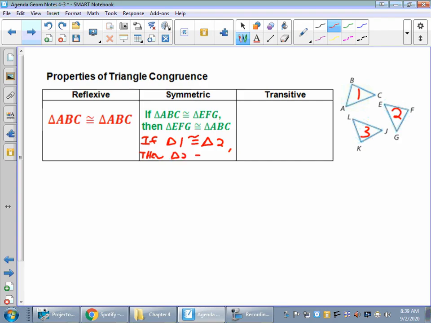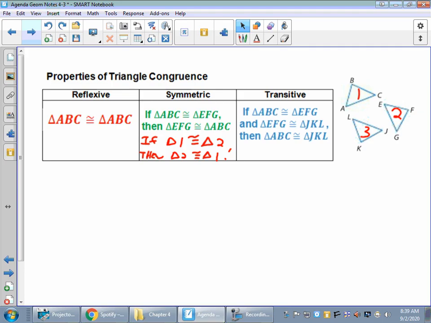Triangle 2 would be congruent with triangle 1. Okay? Same thing with transitive. Transitive kind of gives you these words using all the letters, ABC congruent with EFG, and so on and so forth. But it might be easier just to use it in terms of numbers 1, 2, and 3.